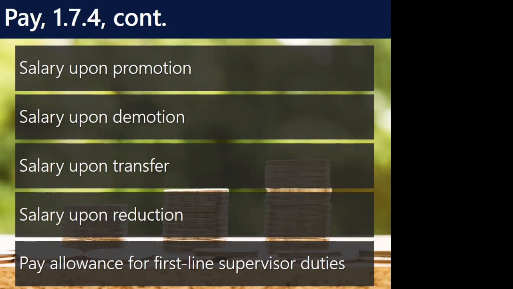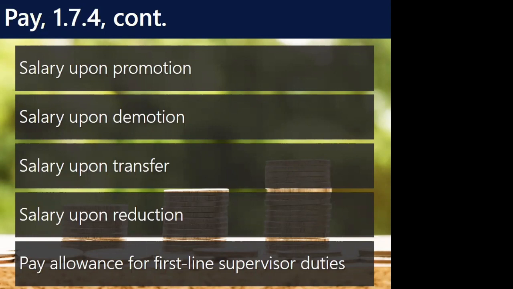Got that one. Demotion, all right? Again, all these numbers. It can't result in more than a 15% decrease from the previous salary unless a greater decrease is required to bring the salary to the maximum of the new pay band. So that's demotion.